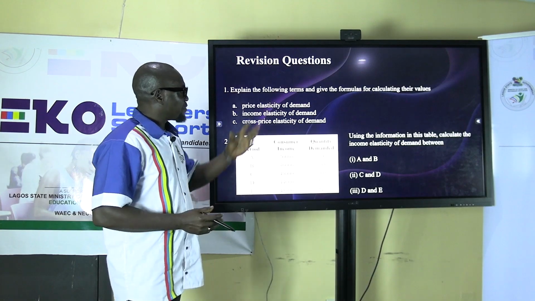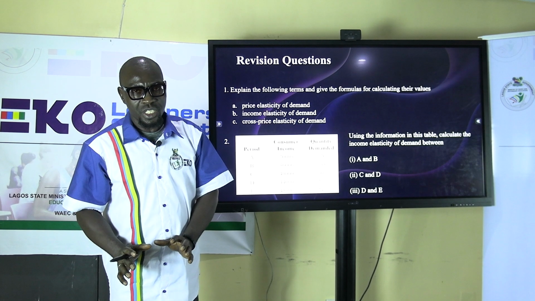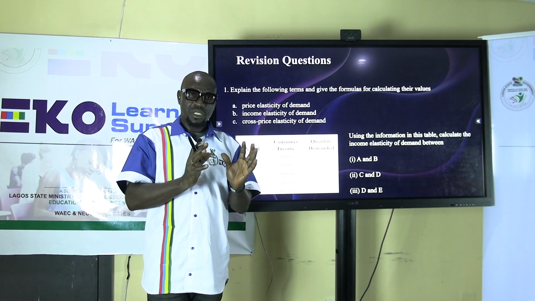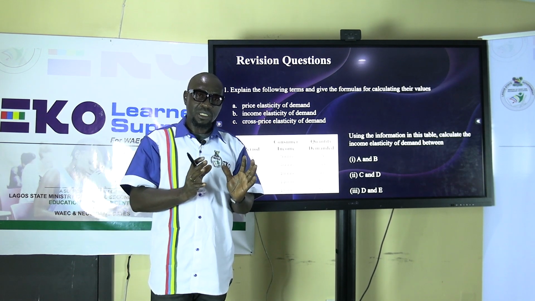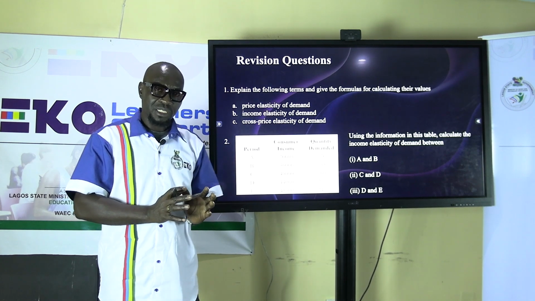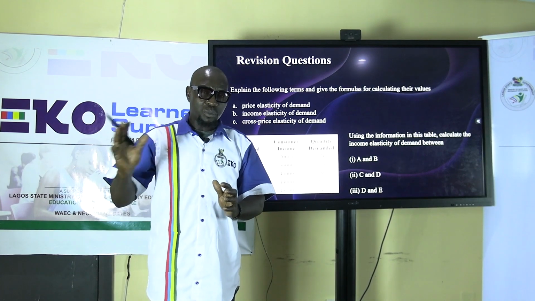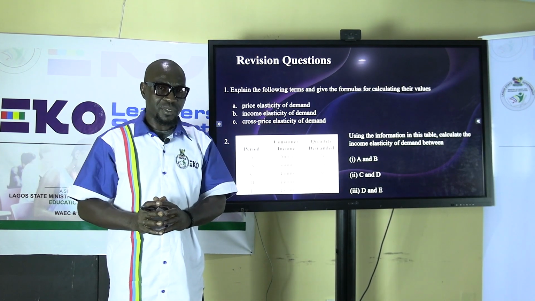Okay? And then the formula for calculating it is essentially the ratio of the change in the quantity demanded of that commodity to the change in the income of the consumer. First, you determine the change in the quantity demanded by getting the difference between the original quantity demanded and the new quantity demanded, divided by the original quantity and multiplied by 100 to express it as a percentage.